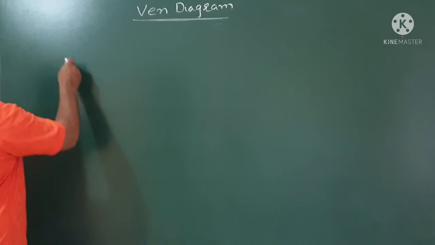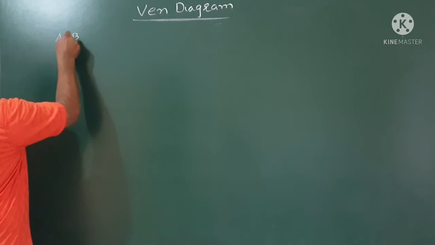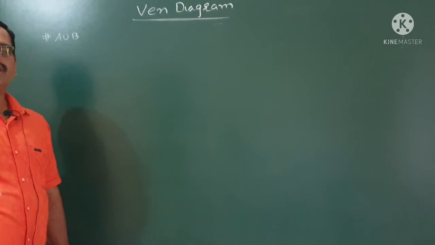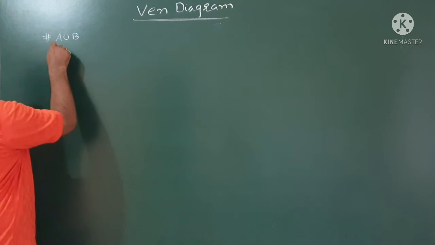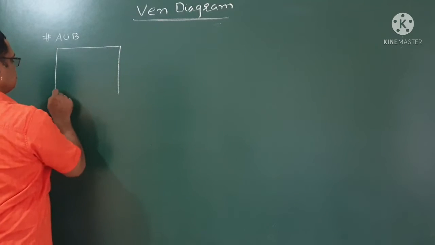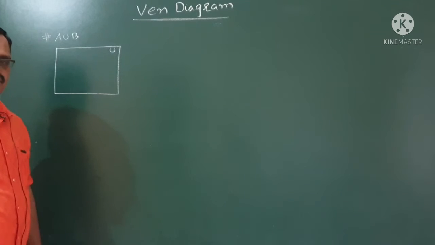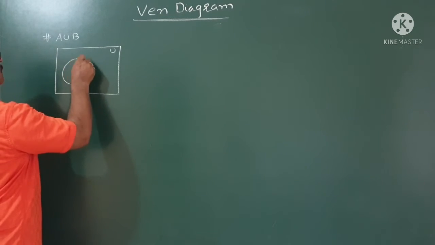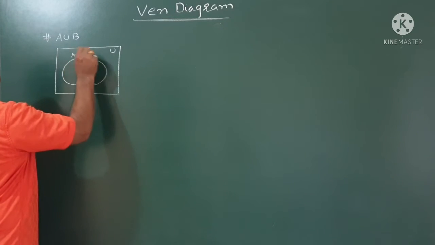First of all, how do we write A union B using a Venn diagram? Very simple. First you draw a rectangle. We assume that both circles are intersecting, so there is an overlapping part. This is A.